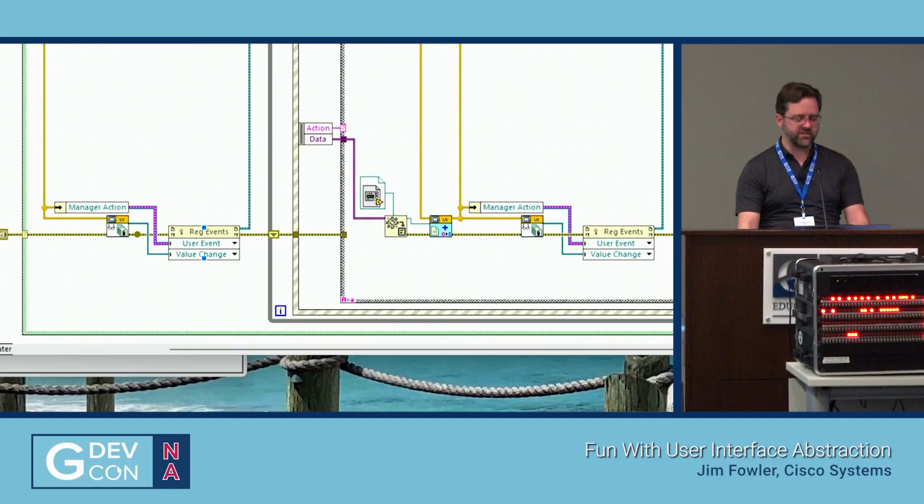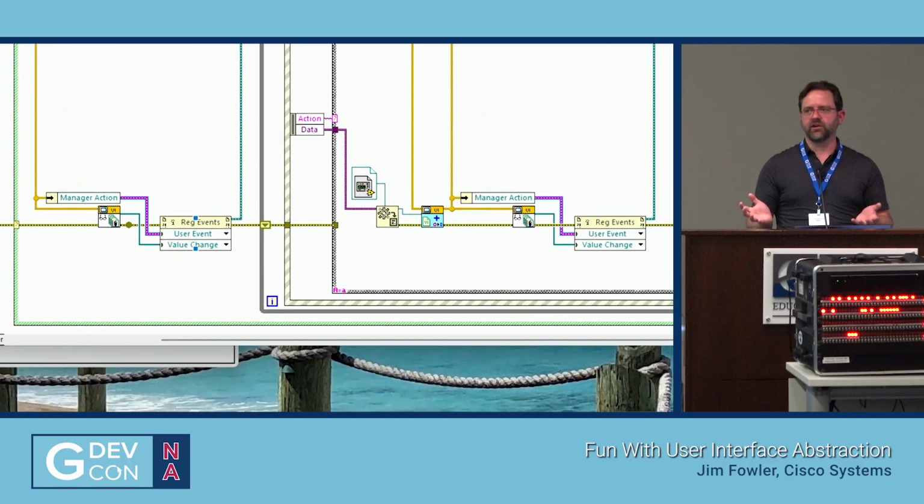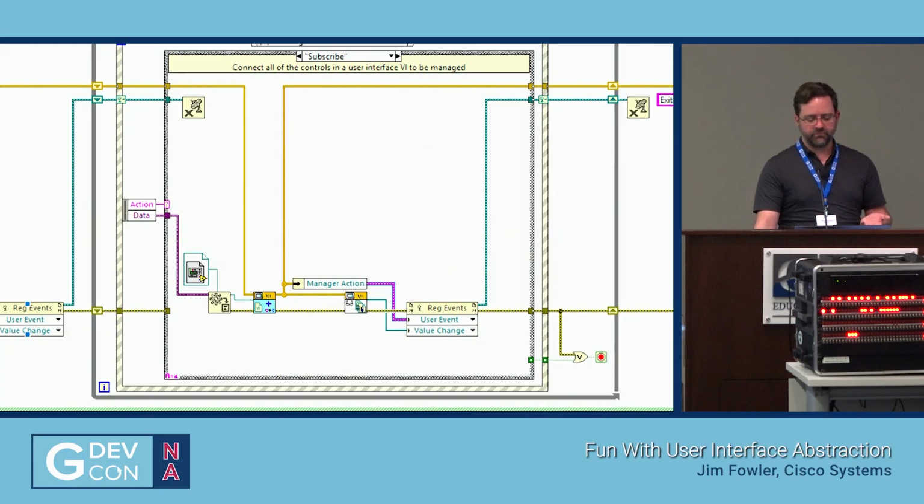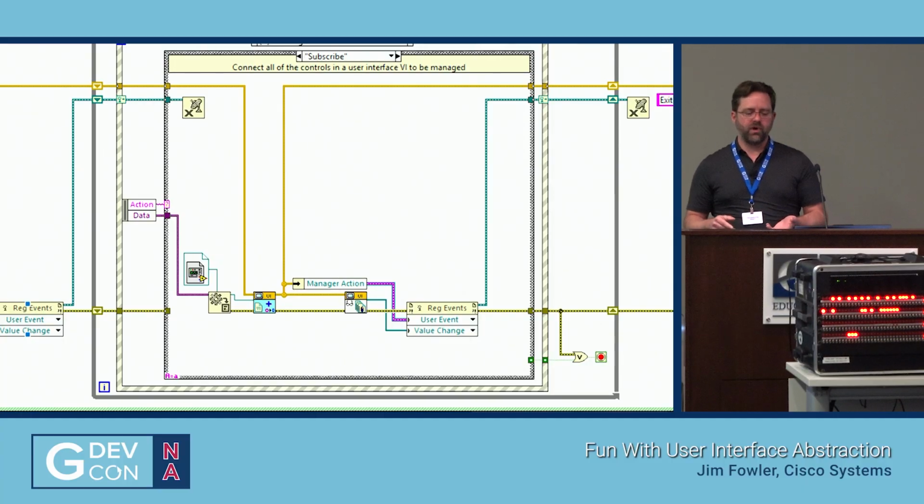With this value change event, I take the aggregate of all the references from every subscribed VI, throw those into an array, and then I do a value change event. So when you change the value of one of those controls on the user interface, this event fires.